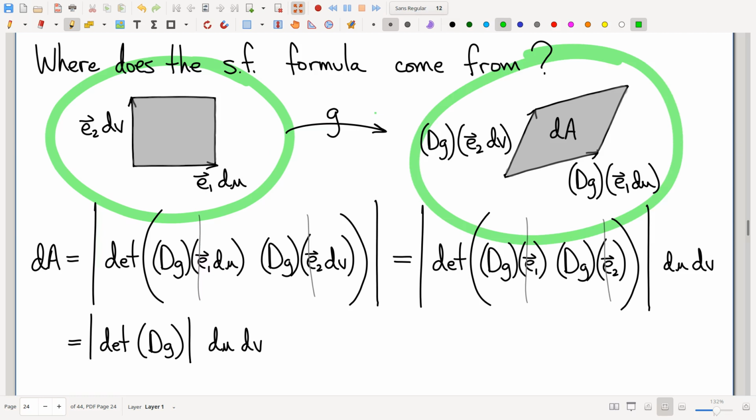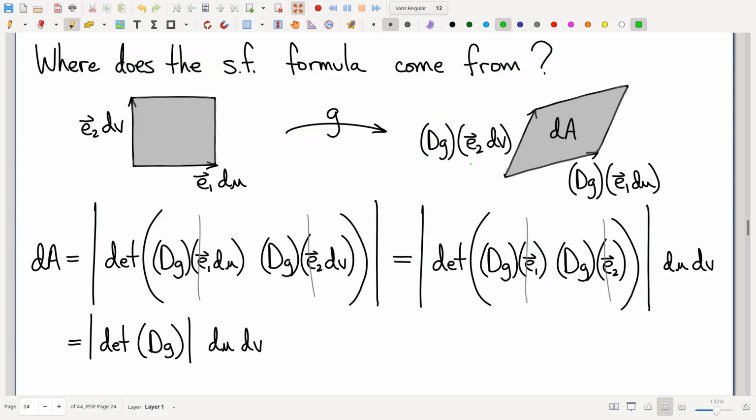So also itty-bitty and approximately a parallelogram, because on the differential level, functions are described by the derivative matrix, and the derivative matrix is linear, right? So a linear image of a rectangle is a parallelogram. Now, that's an old fact of linear algebra, and not hard to prove, by the way.